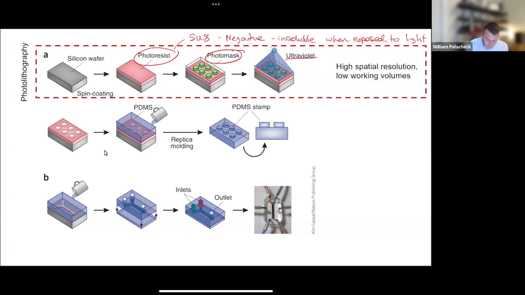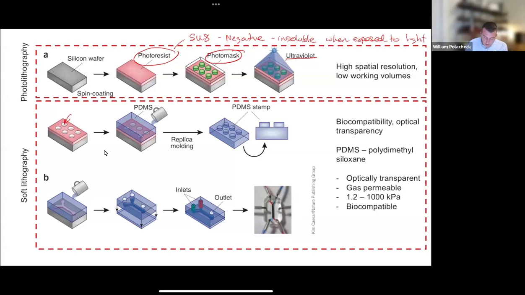So then we can wash away the rest. In this case, it's a little confusing, but the green spots are blocking the light from being present, so they don't form structures after development.